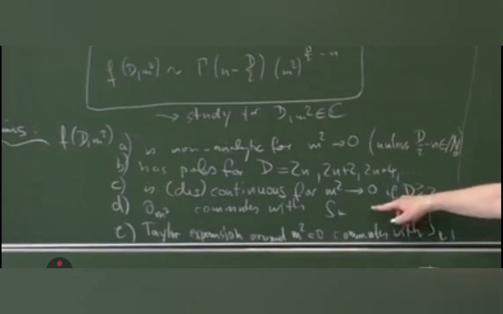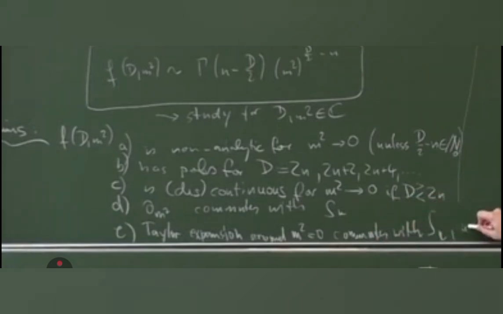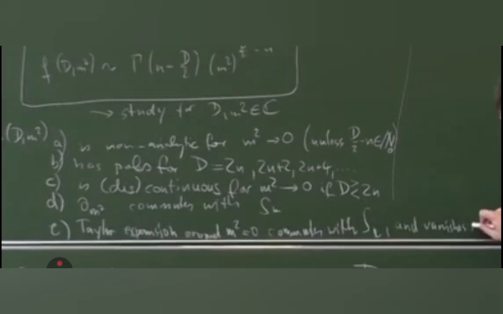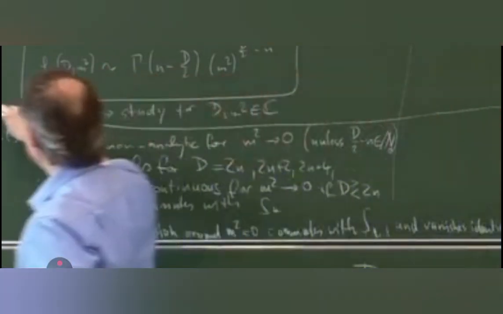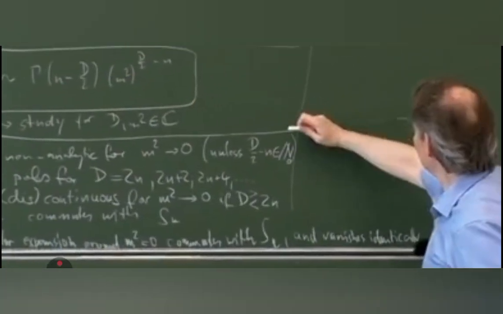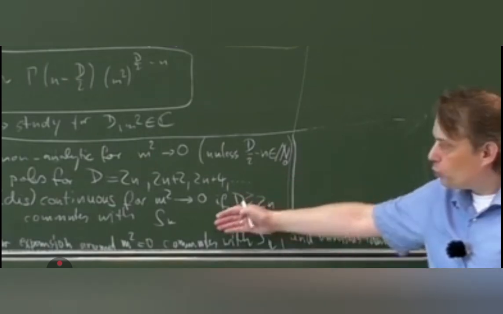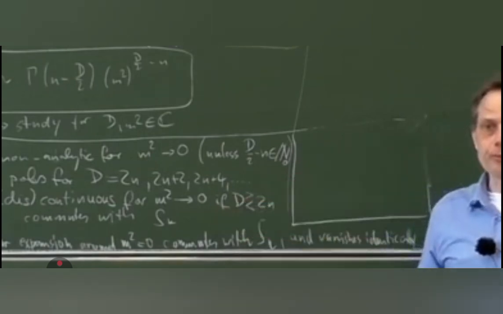That is kind of clear because also derivatives commute with the integral, but the Taylor expansion vanishes identically. Okay. This is our set of claims. And again, the first three are obvious, and the last two are non-obvious, and we will discuss them now.